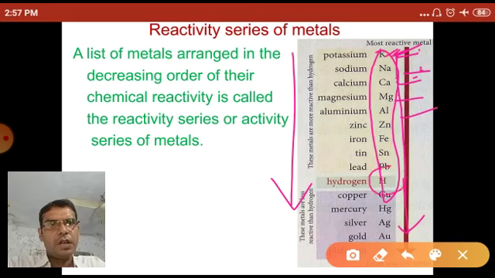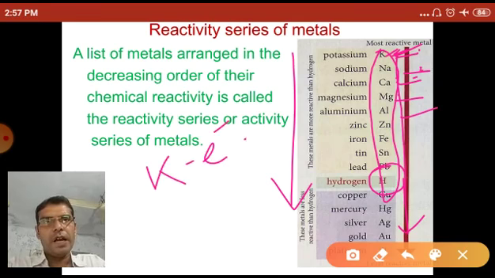Now hydrogen is a type of non-metal, but it is included in this activity series, because all the metals are electropositive elements, and they have the property to lose their electrons and form positive ions. For example, potassium loses its 1 electron and forms K+ ions.